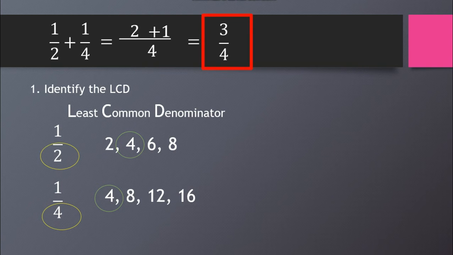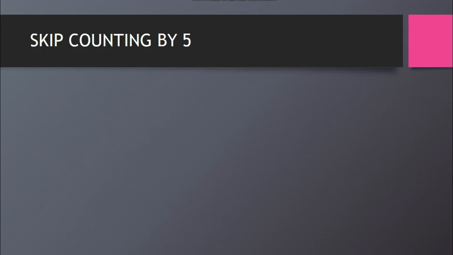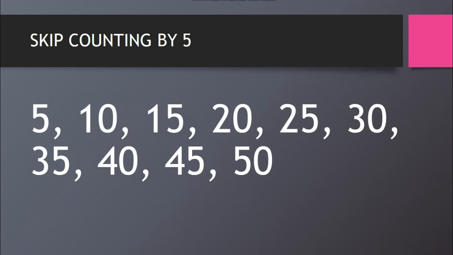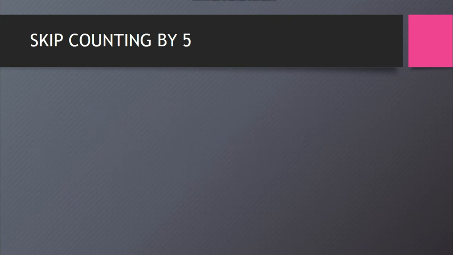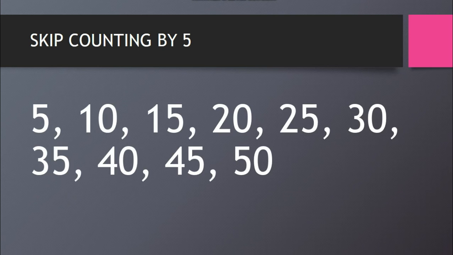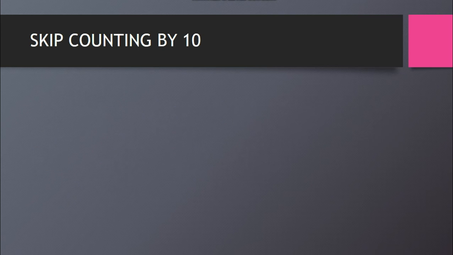Now, let's have another example. Okay, so let's start with remembering the skip counting by 5. We have it there. Now, let's try to write it down without a copy. Okay, very good. Okay, that is correct. You got it.